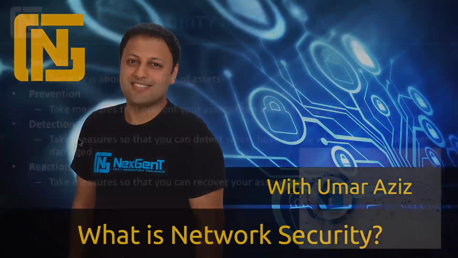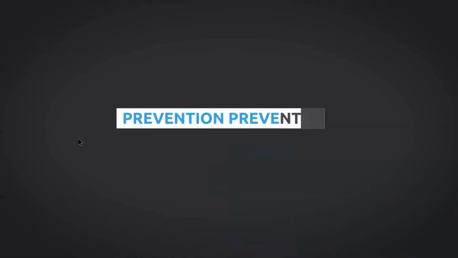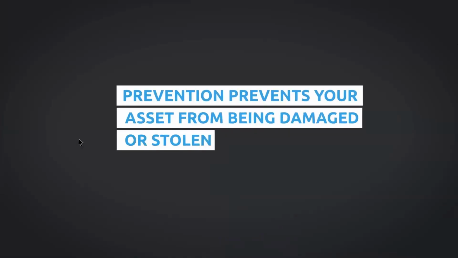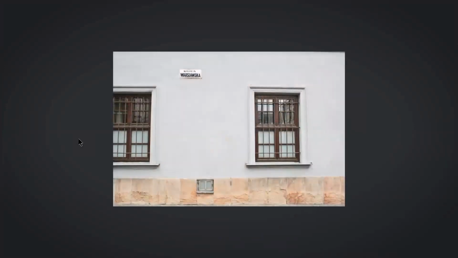So security is about protection of assets. An asset is any resource owned by the business or person that has an economic value. Now, if there is an economic value tied to the asset, it makes perfect sense to take prevention, detection, and reaction measures so we can safeguard the asset. For example, prevention prevents your asset from being damaged or stolen by installing locks at doors, window bars, securing the walls around the property, or potentially hiring a security guard.